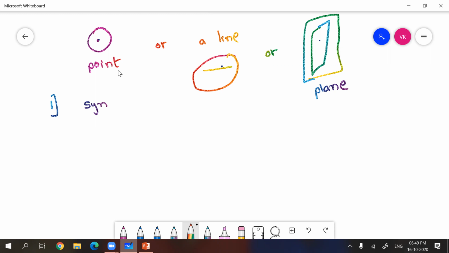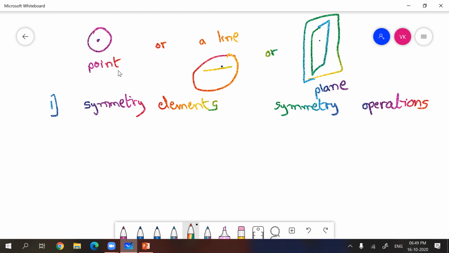So symmetry elements and corresponding symmetry operations. So the first symmetry element is the proper axis of symmetry.